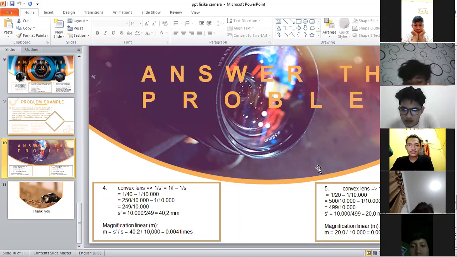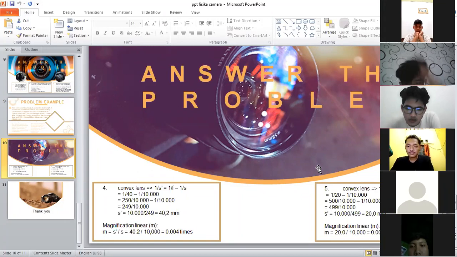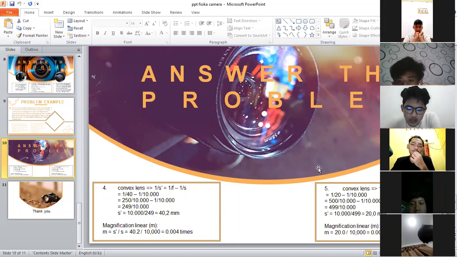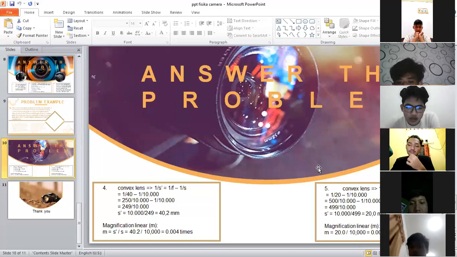S equals 10,000 per 499 equals 20.0 millimeter.